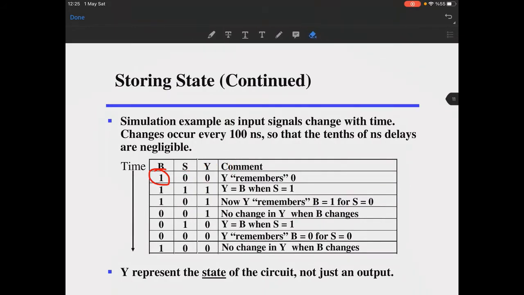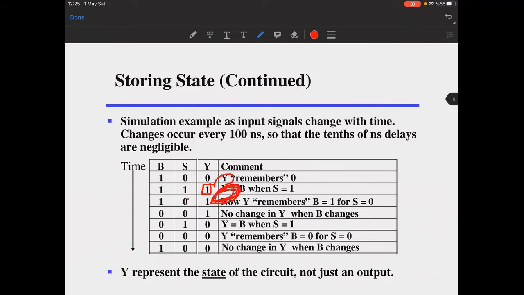It's remembering, right? Okay. If s is 1 and y is 1, it means that now it is updated with b. Now your y is 1, and since s is 0 here, now it is remembering the y output.